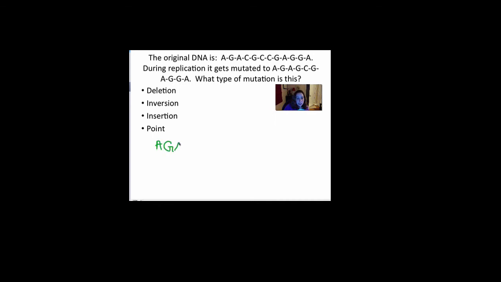A, G, A, C, G, C, C, G, A, G, G, A. And our other mutated sequence is A. Okay, that's the same. G, A. Oh, now we have something different here. We have G, C, and then G, A, G, G, A.